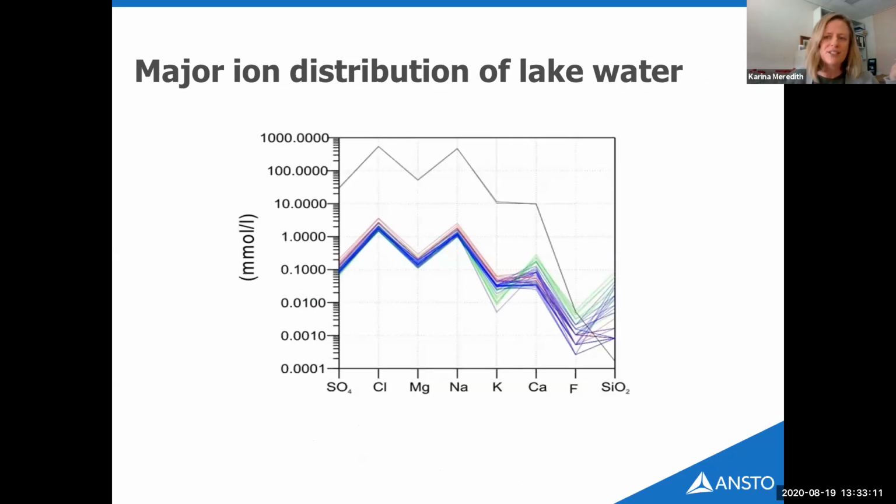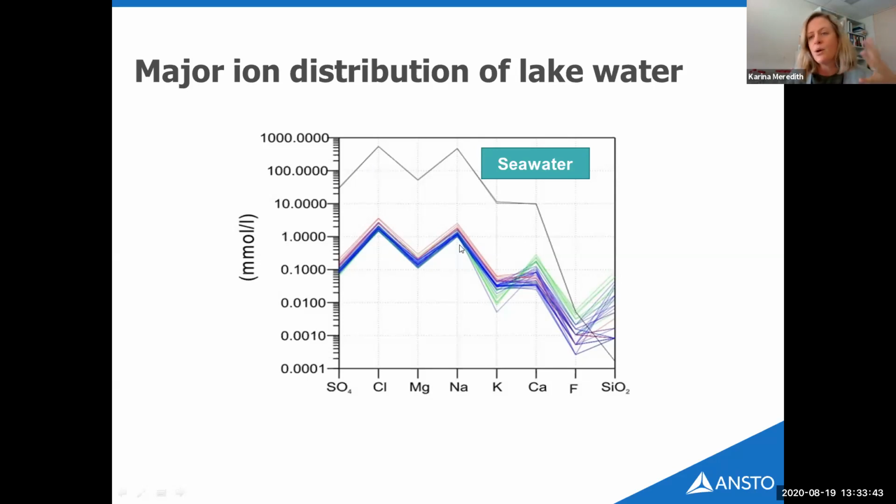Now, what's really interesting about some of this data, this is just a plot of the major ions and how they relate to seawater. So that top curve is a seawater curve, so it's a signature. And we can see that the lake water samples, there's 40 of them, they're all a lot more dilute than what we see in seawater. But for sulfate, chloride, magnesium, and sodium, we see that there's a very similar pattern.